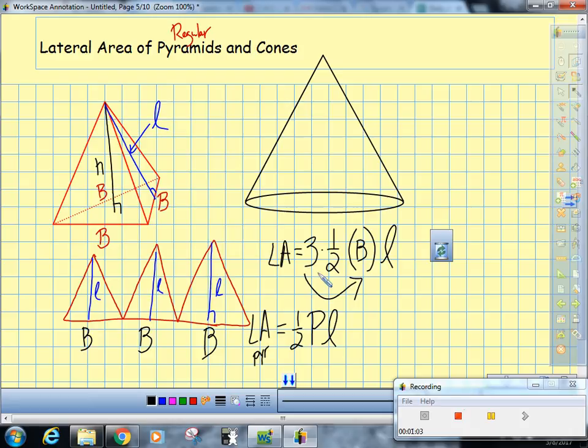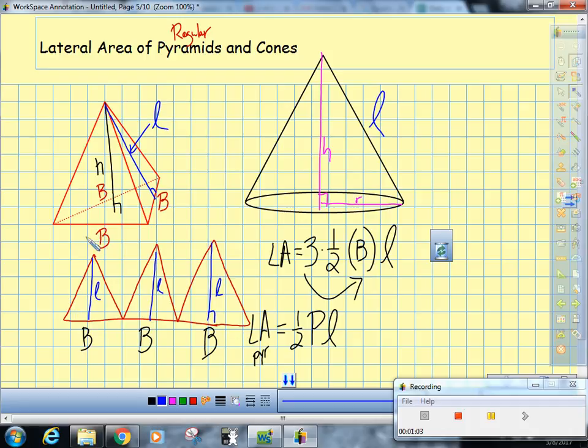But here's where it does pay off. So, similarly, we have an R, an H, and an L for a cone. Notice, we could not unfold a cone and get this type of shape.